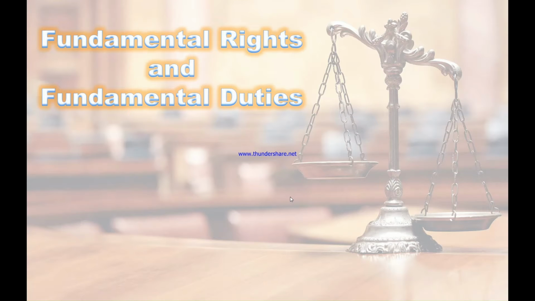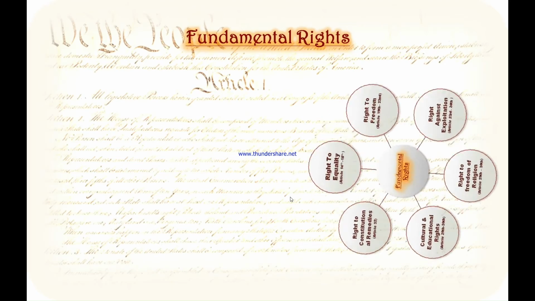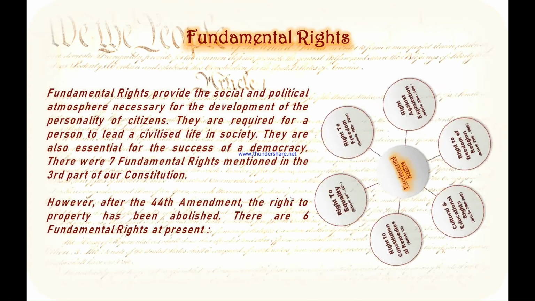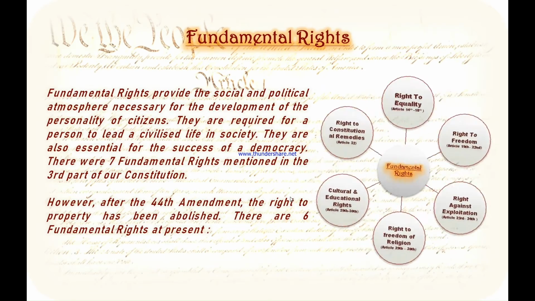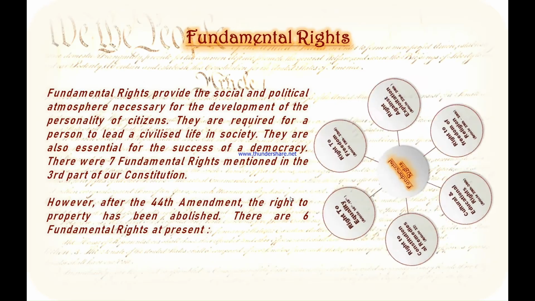Now let's try to understand in detail the fundamental rights and fundamental duties given by our Constitution. Fundamental rights. Fundamental rights provide the social and political atmosphere necessary for the development of the personality of citizens.